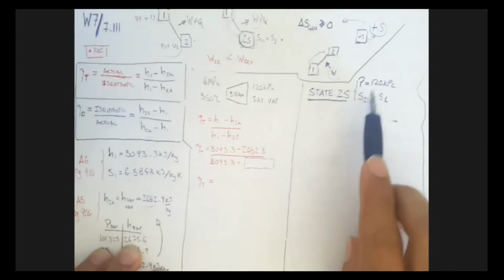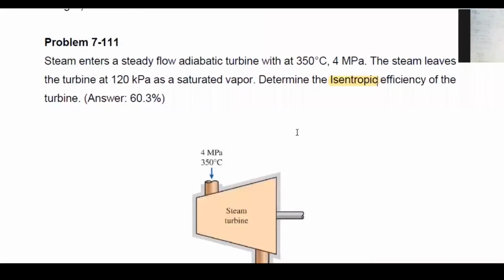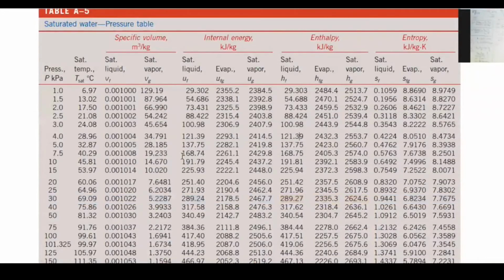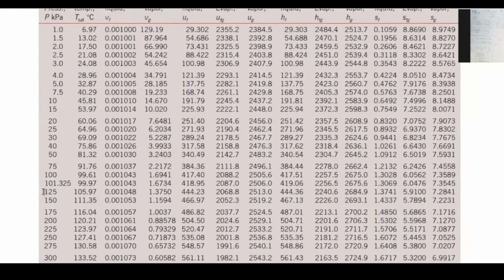As long as I have two state properties, I have to define state, right? That's the same thing as it's always been. So what are we going to do? Let's go ahead and jump into our property table. And let's have a look. We're looking for 120, and we know that that's not on the table, but we do have 125.